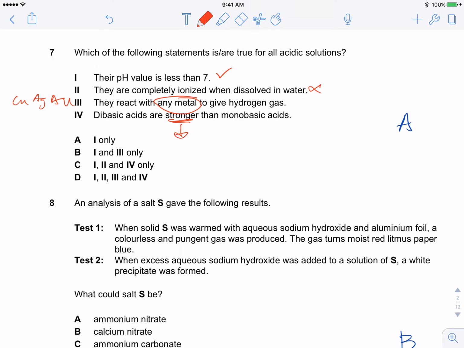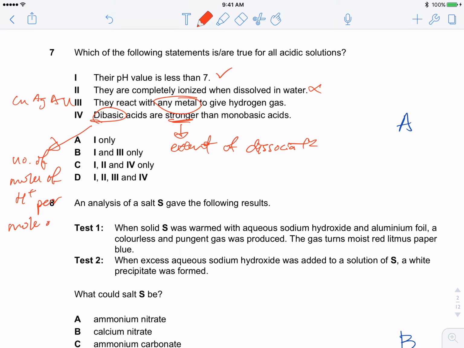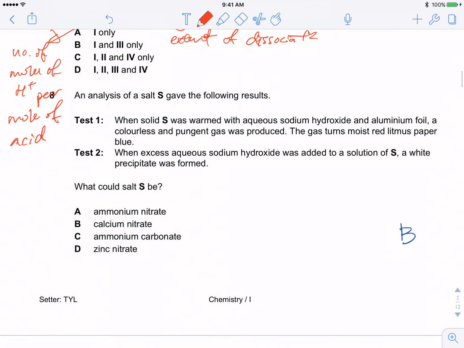Strength just refers to the extent of dissociation, whereas basicity refers to the number of moles of H plus per mole of acid. Okay, so there are two different things. They don't affect each other, independent of each other. Okay, so this is false. Answer is 1 only.